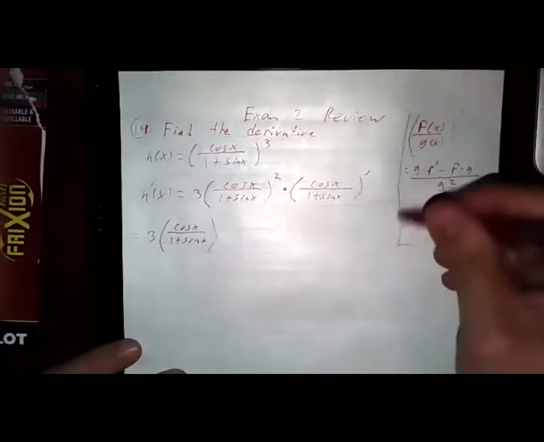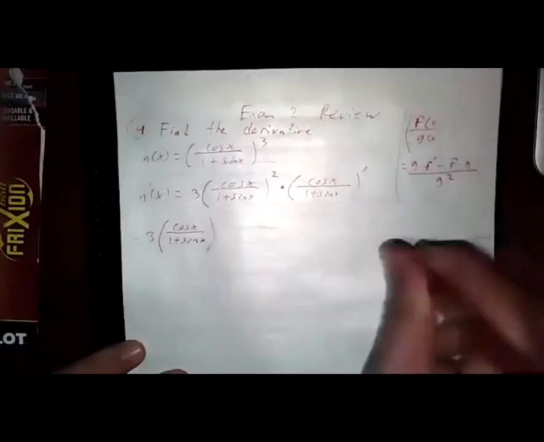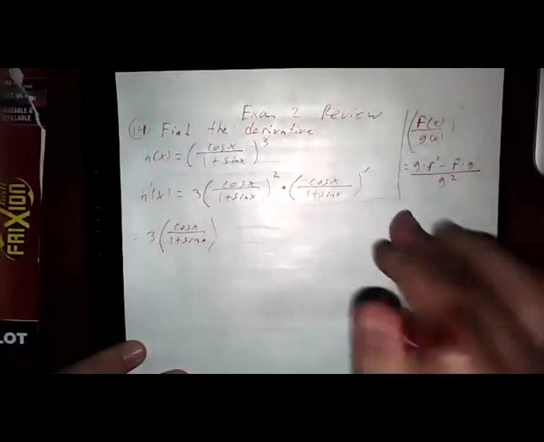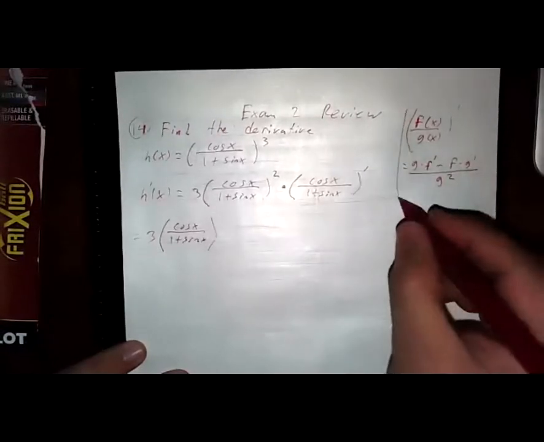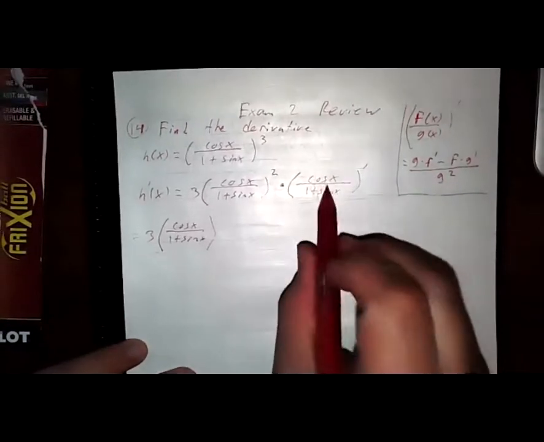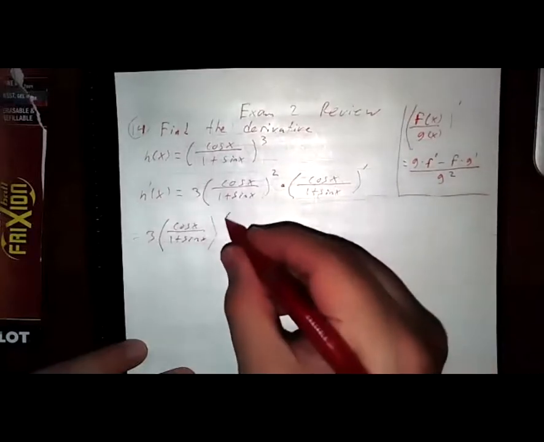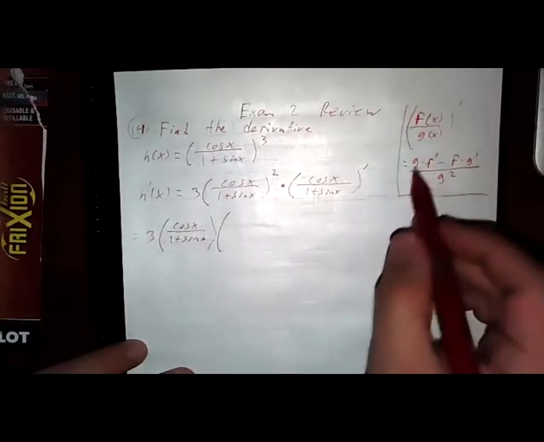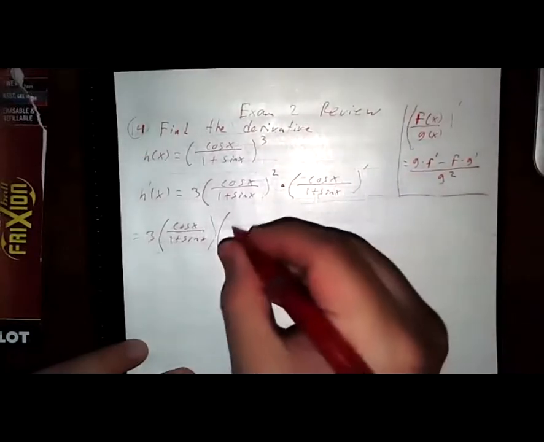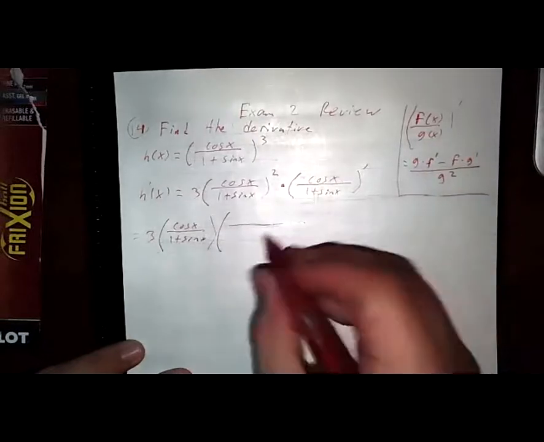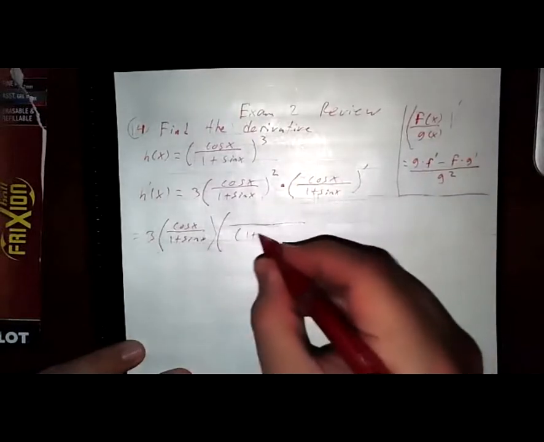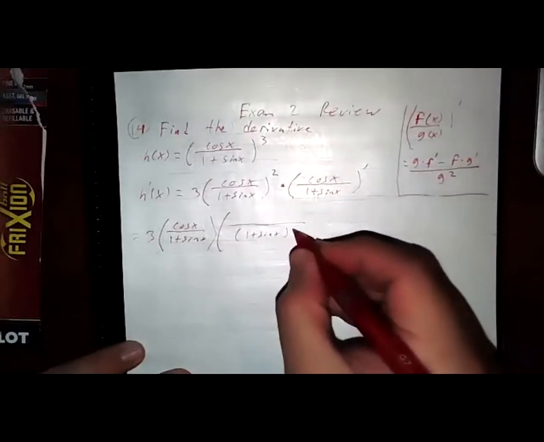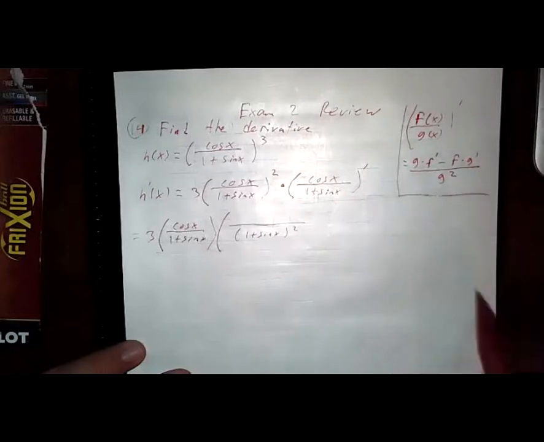I'm going to erase this because I don't need that bar there. Okay, so this is going to be g, the bottom, so that would just be itself. The bottom would be squared, so 1 plus sine x squared, that's the g.